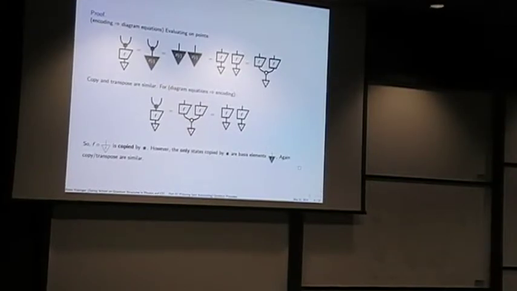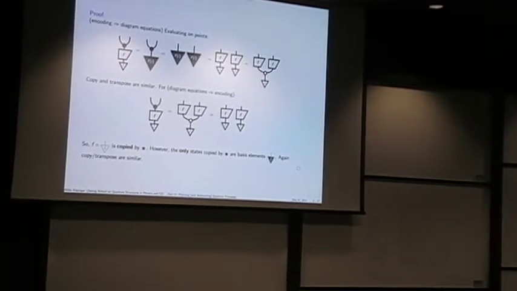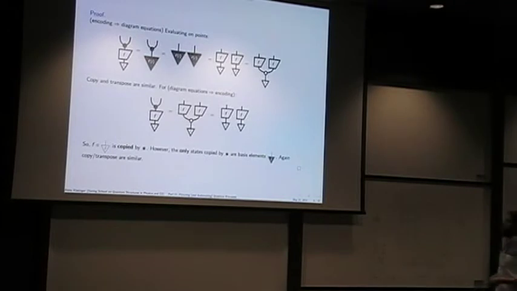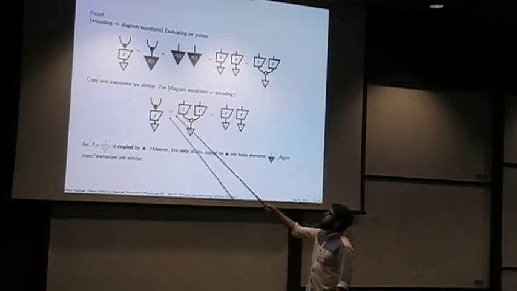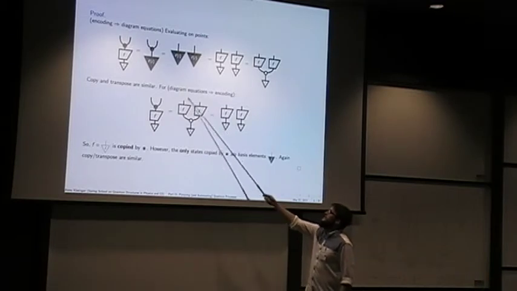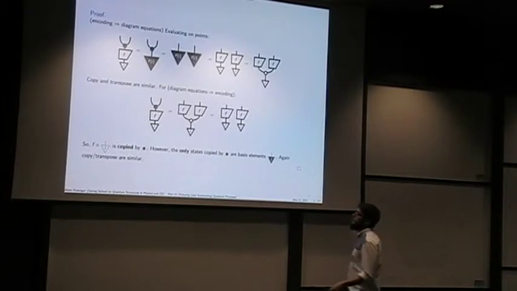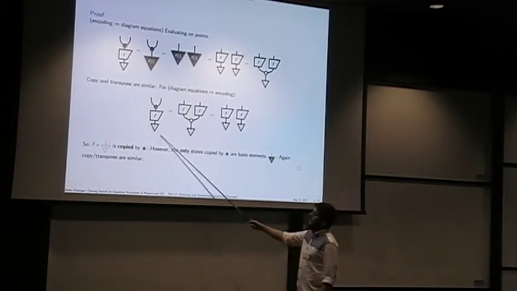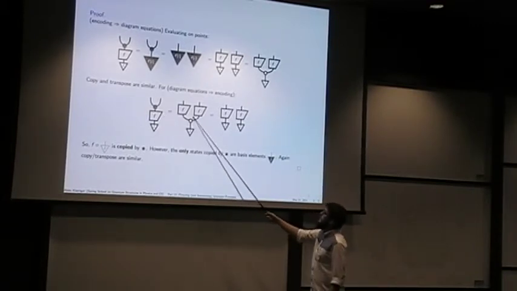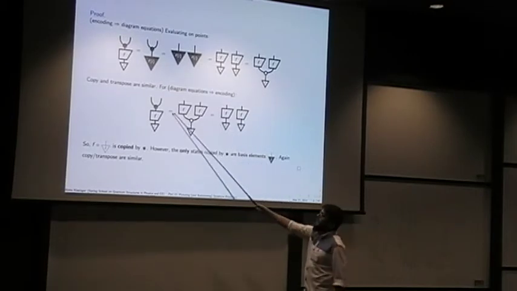So here's how you can prove that theorem on the previous slide. It's very easy, it just has to do with evaluating on points. The only non-trivial part is that, here when we're saying that satisfying these diagram equations implies encoding a classical function, first we show that f of i is copied by gray.